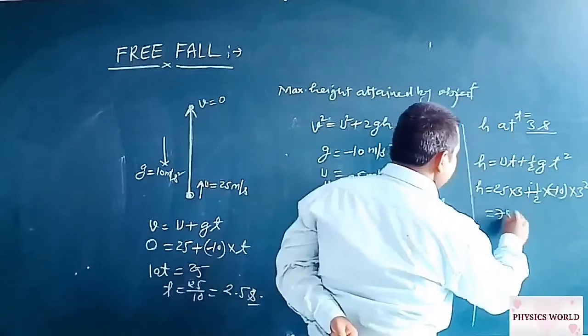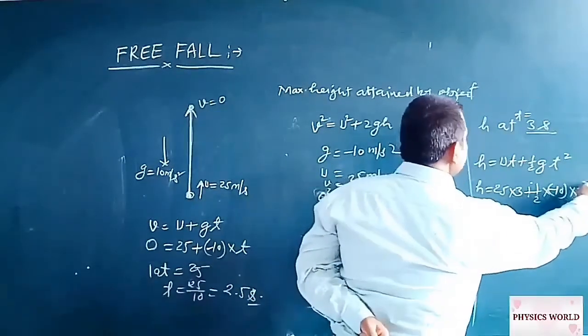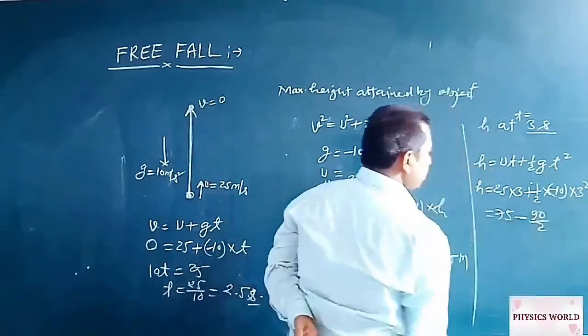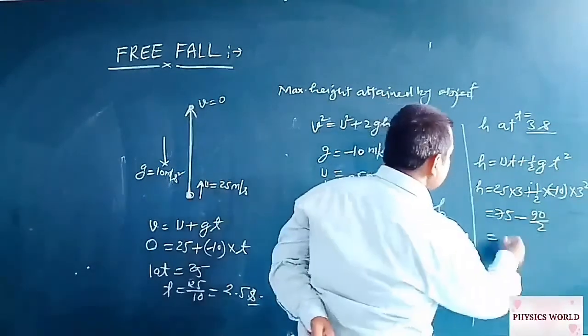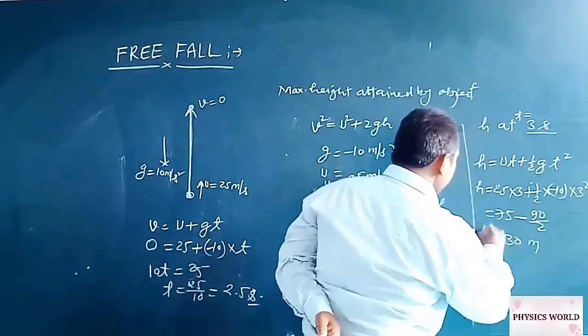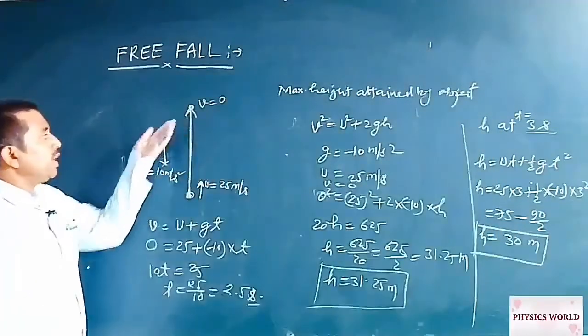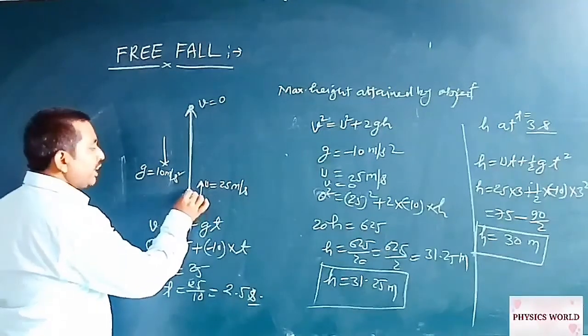So it becomes h equal to 75 minus half of 90, that is 45. So 75 minus 45, okay, that is equal to 30. So the object will be at a height of 30 meter after time 3 seconds.